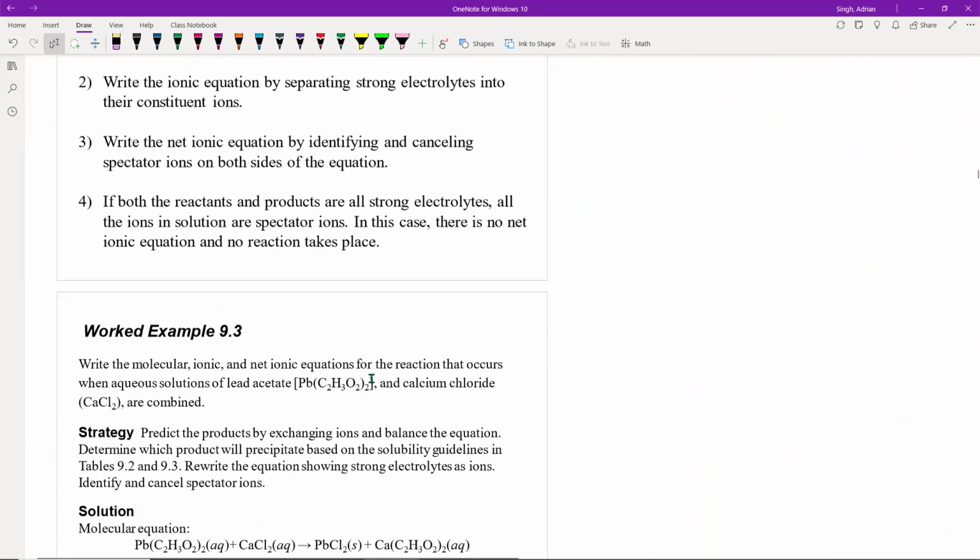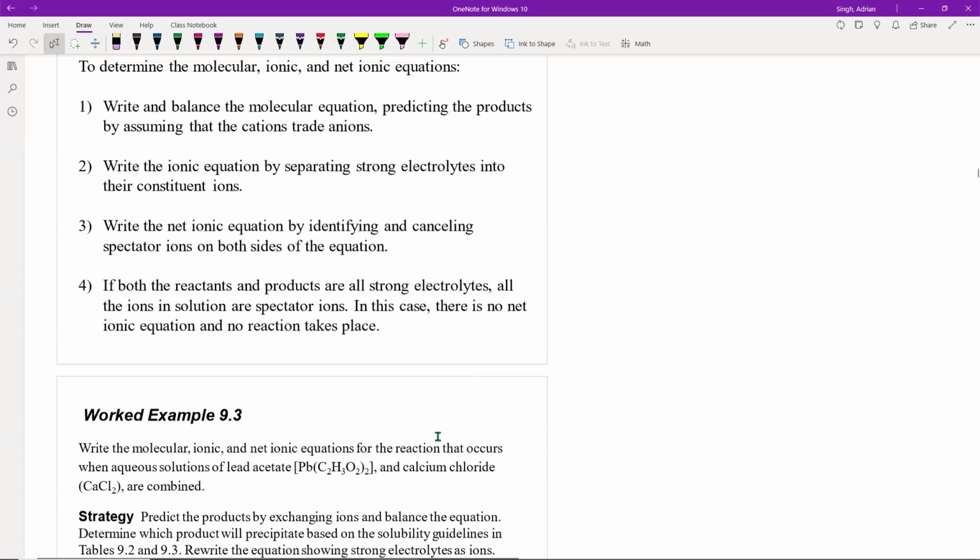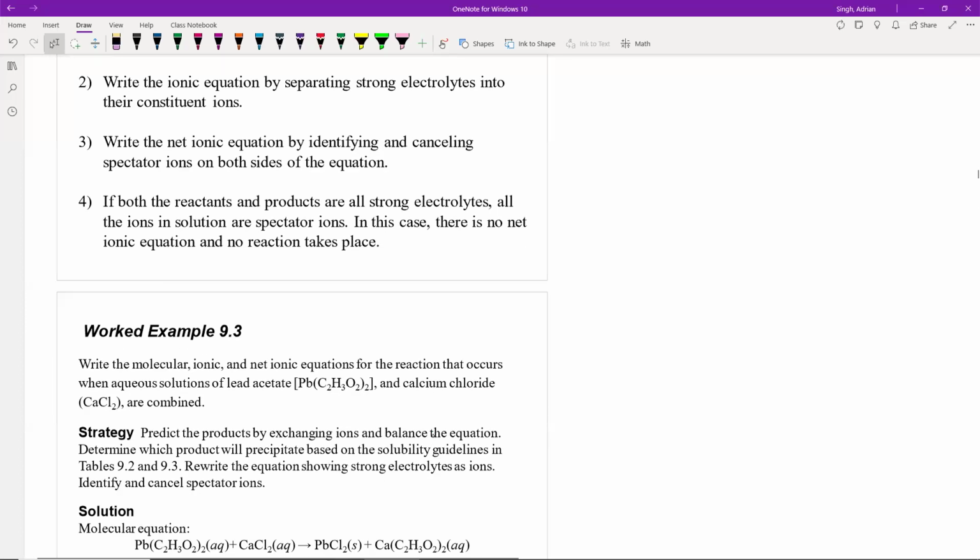Let's take a look at an example of this. So it says, write the molecular, ionic, and net ionic equation for the reaction between aqueous solutions of lead acetate and calcium chloride when we combine these. Okay, so we're going to write out the formulas. So you have Pb(C2H3O2)2 reacting with calcium chloride, CaCl2.